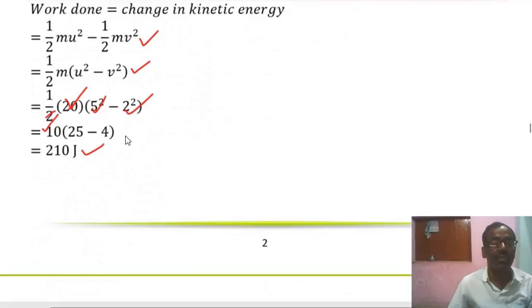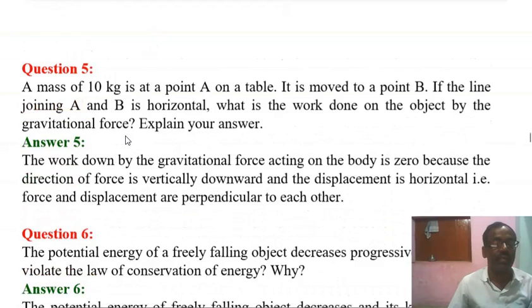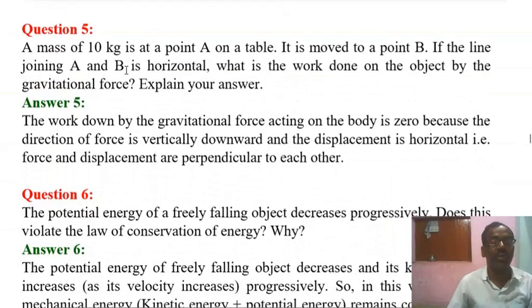Let's see next question of this chapter. This is the question number 5. A mass of 10 kg is at a point A on a table. It is moved towards B if the line joining A and B is horizontal. What is the work done on the object by the gravitational force?